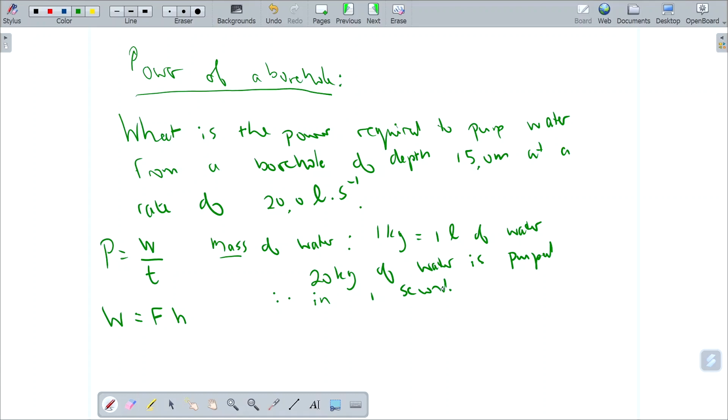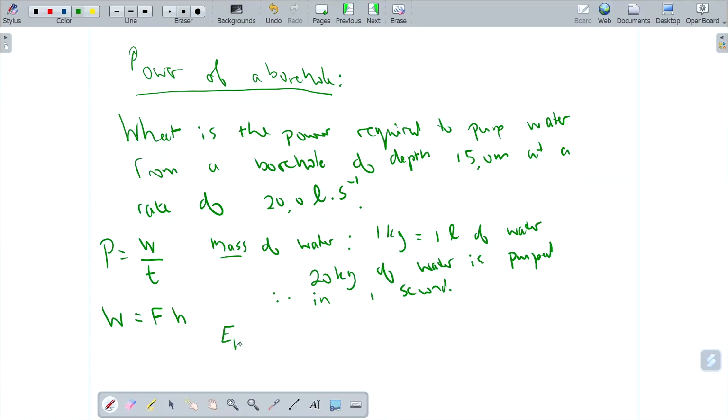So if we have the mass of the water, that tells us that we can work out the weight of the water, and therefore we can work out the work that is done. Also, when the water comes out, the kinetic energy of the water is going to be non-zero. It will be greater than 0.